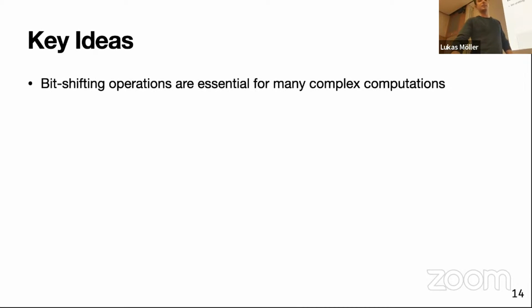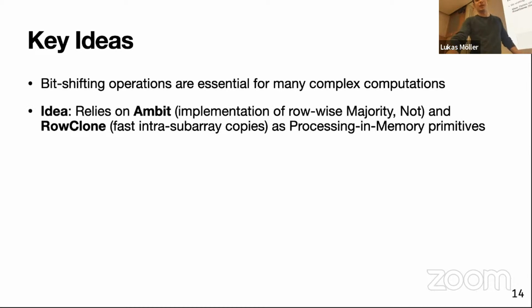One of the key ideas of SIMDRAM is that bit shifting operations, which are essential for many complex computations like addition or multiplication, are hard to implement using the existing data layout. And we get back to that in a second. It furthermore relies on Ambit, which can also already do row-wise majority and NOT operations, and RowClone for fast intra-subarray copies.